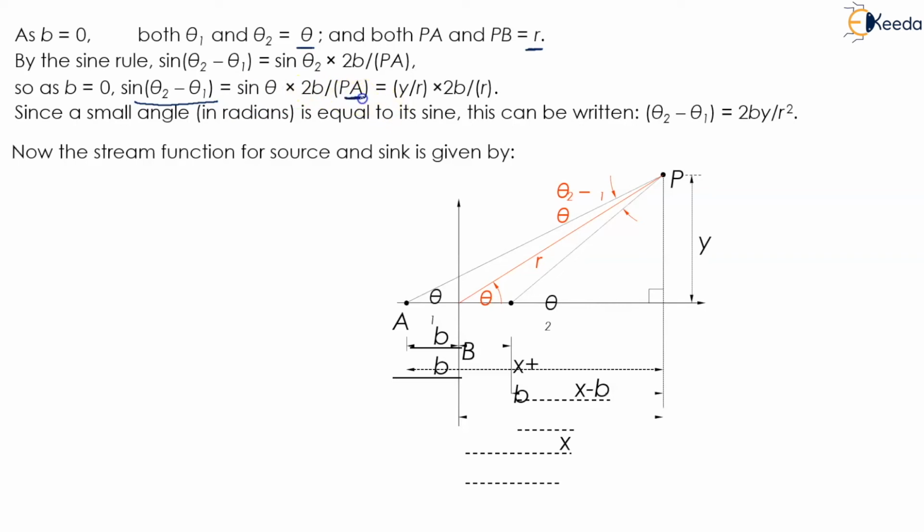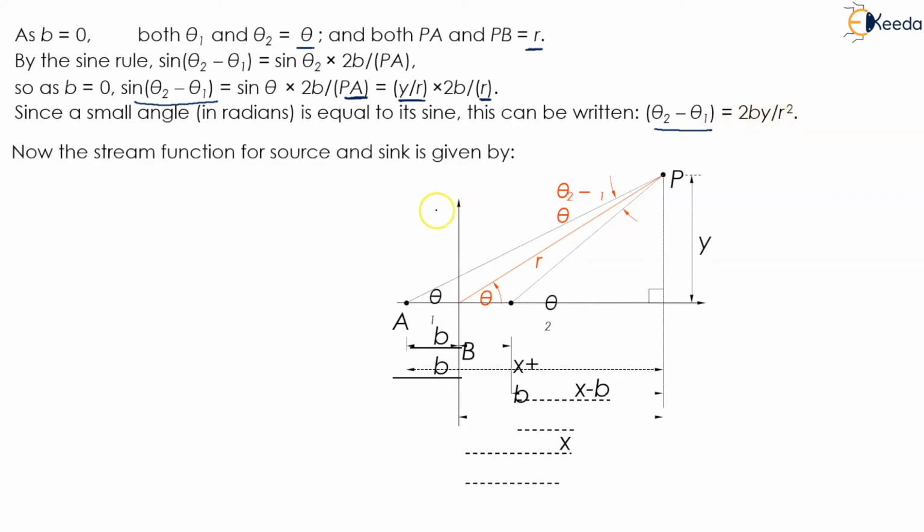Also, as b tends to 0, this PA can be represented as r, and this sine theta can be represented as y upon r. Since a small angle in radians is equal to its sine, this can be written as theta 2 minus theta 1 is equal to 2by upon r square.